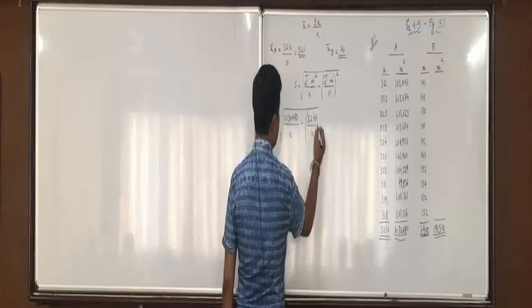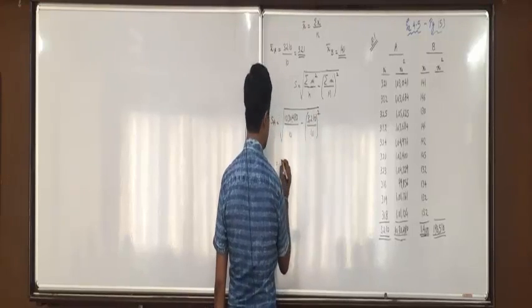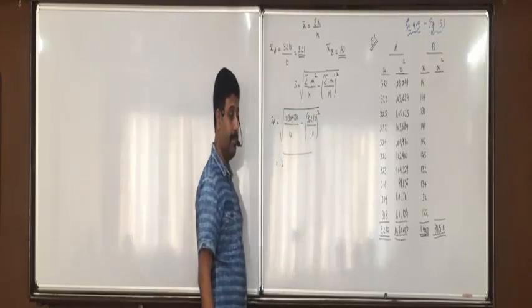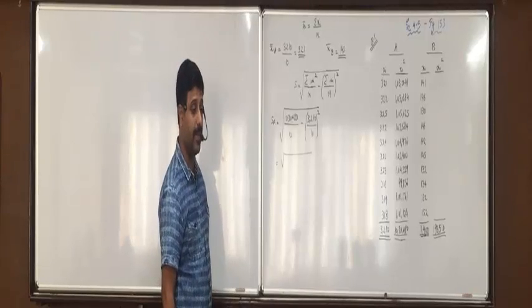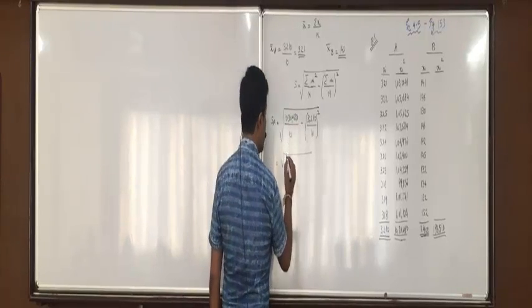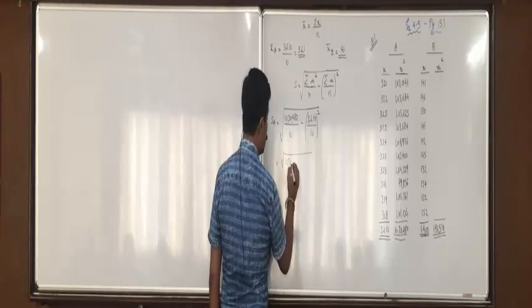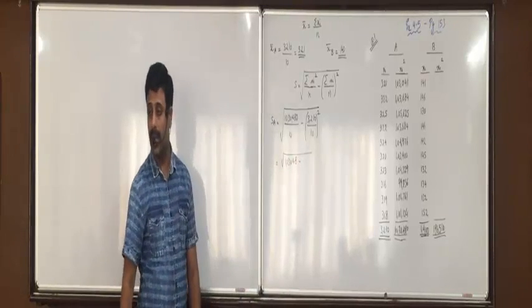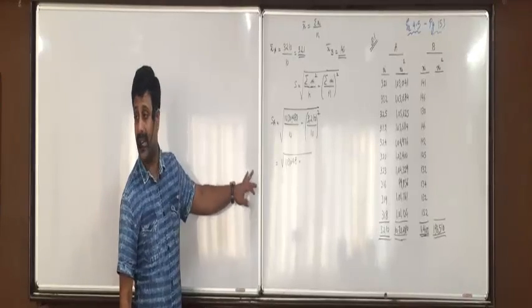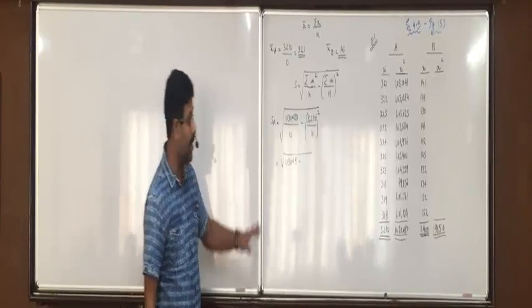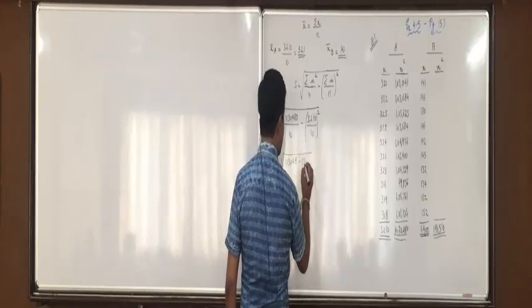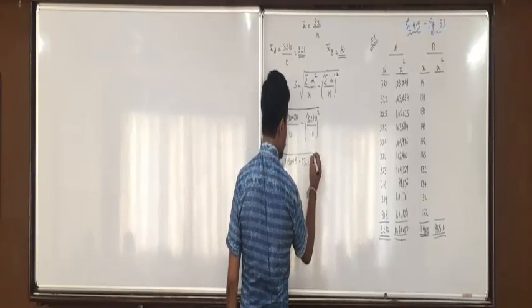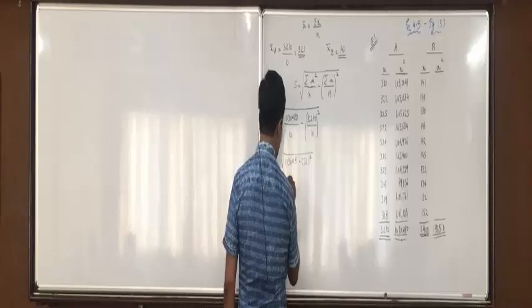Upon n, again 10, whole square. Got it, everyone? Now 1030480 divided by 10 is 103048. And this is 321 whole square. So 103041.